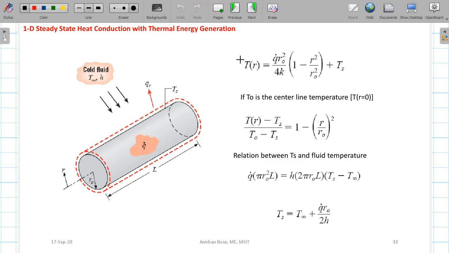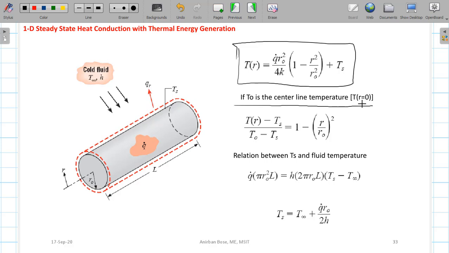Now after finding out the temperature field completely, exactly in a similar way you can relate it in terms of the centerline temperature, that is T0, as we have done in the earlier situation. Just put r is equal to 0 in the expression and find out the expression of T0.